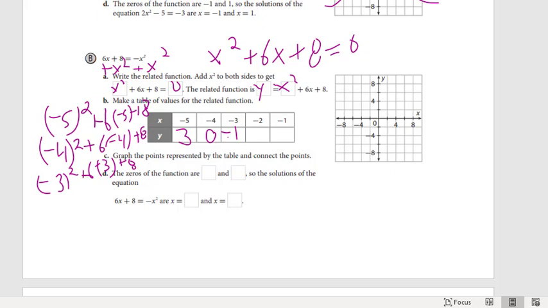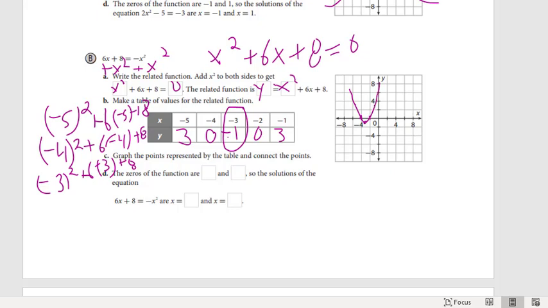Now, I'm going to tell you right now, this is the vertex, and by symmetry, this will be 0 and this one will be 3, but you could plug those numbers in, negative 2 in, and find it that way. So let's graph these, negative 3 and negative 1, negative 4 and 0, negative 2 and 0, and negative 1 and 3, and negative 5 and 3.